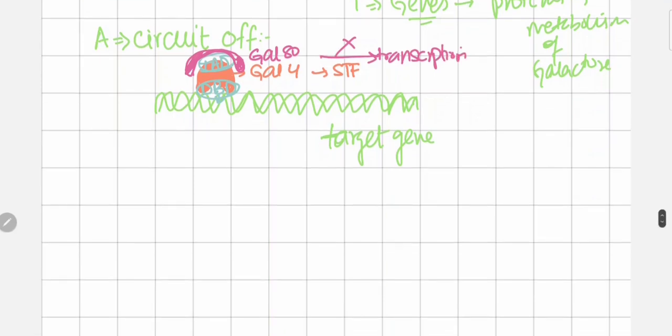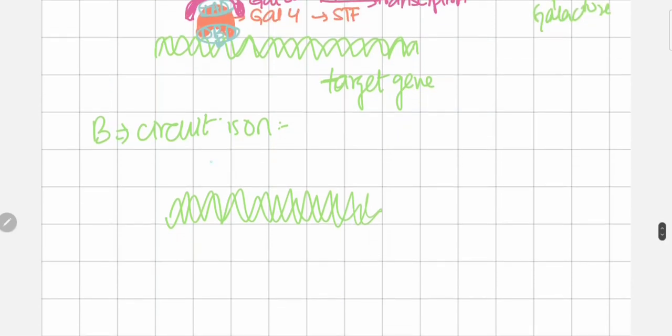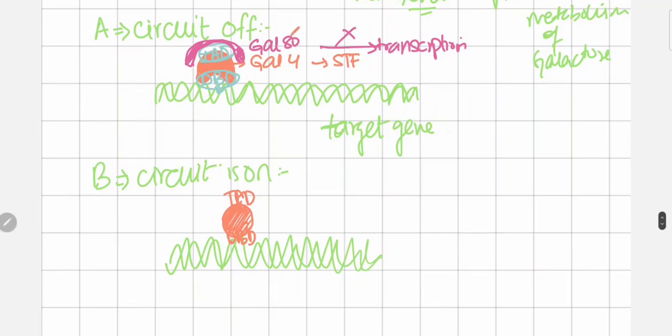But what happens when the circuit is on? This is the DNA, and we have the target gene. Here we have our STF with its DBD and its DAD. What we need to do is to remove this GAL80.